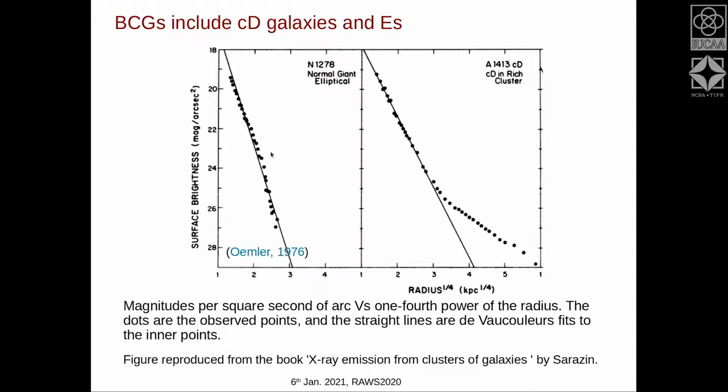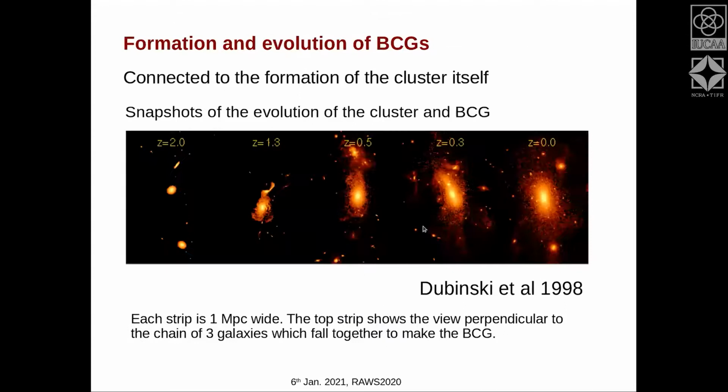If you plot a profile of surface brightness, you will see that it follows this curve, whereas for these giant galaxies at the centers of galaxy clusters, this curve flattens out, and there is another envelope which is called the extended halo of the galaxy. This is one of the characteristics of these brightest galaxies. This evolution is made possible by the special environment that they reside in.